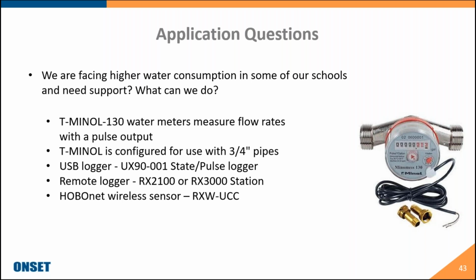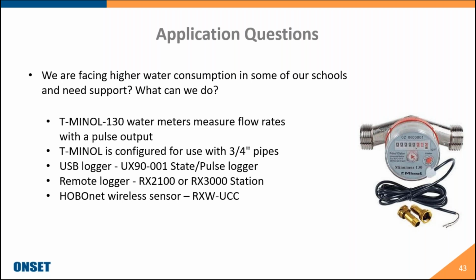This particular sensor outputs pulses that are representative of gallons used. It's designed for use on 3/4-inch pipes, but there are step ups or step downs to use with 1-inch or 1/2-inch pipes. You can simply connect this to one of our UX90 state or pulse data loggers, or if you needed remote access to this data, you can connect it to either of our RX remote monitoring stations through the pulse input adapter.